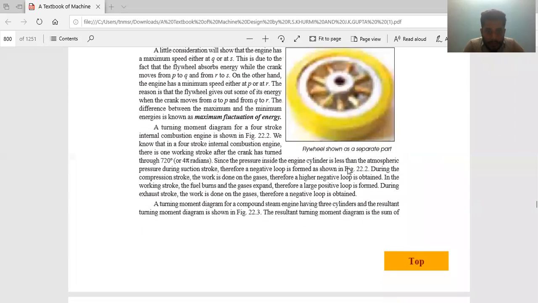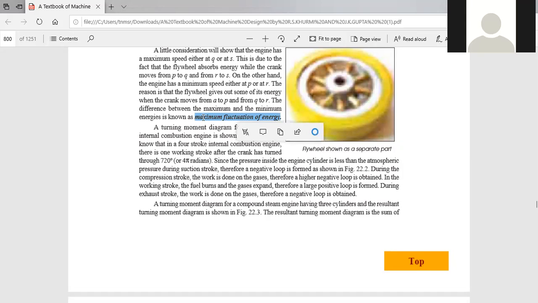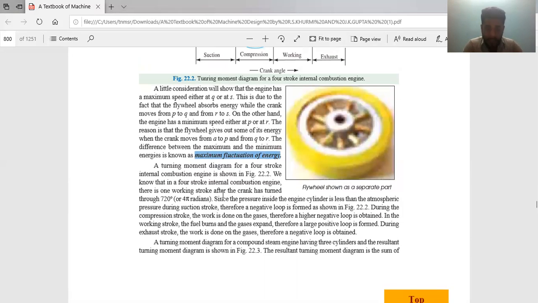Next is maximum fluctuation of energy. Maximum fluctuation of energy is the difference between the maximum energy and the minimum energy during that fluctuation period. Then only you will get the maximum fluctuation of energy. Yes or no? Yes, sir.